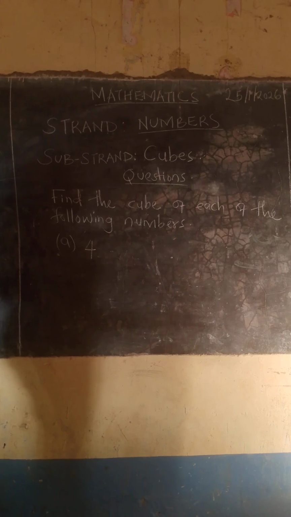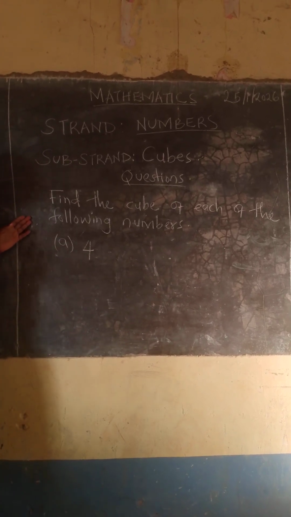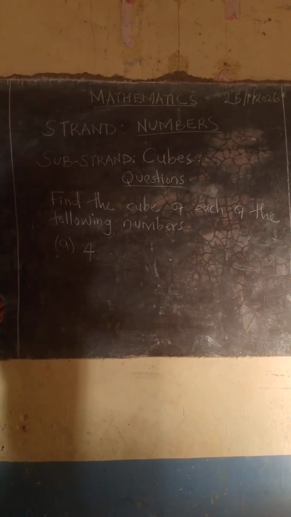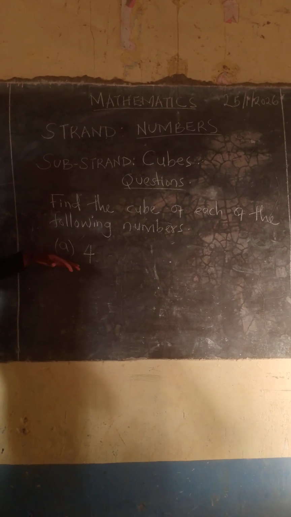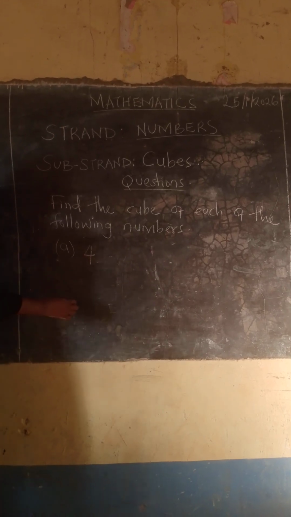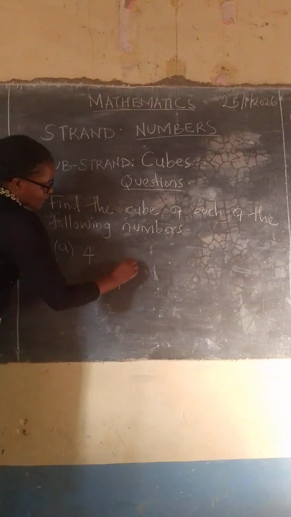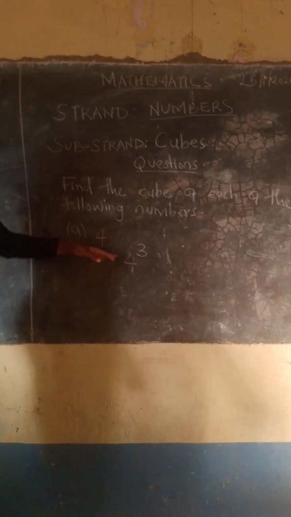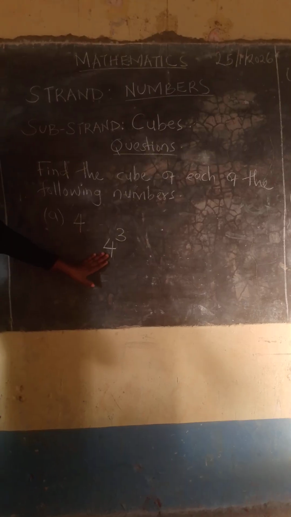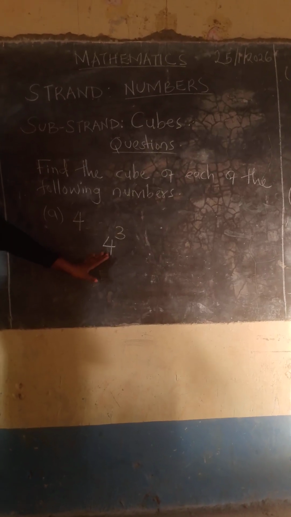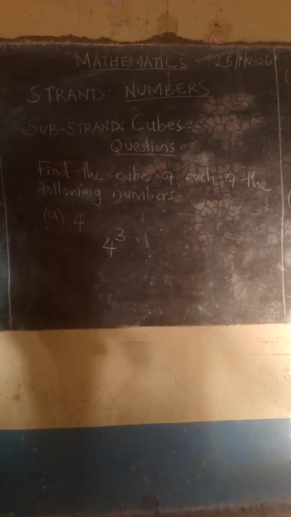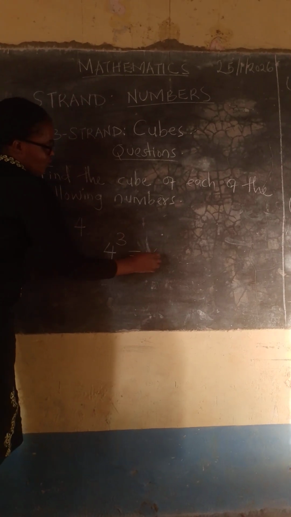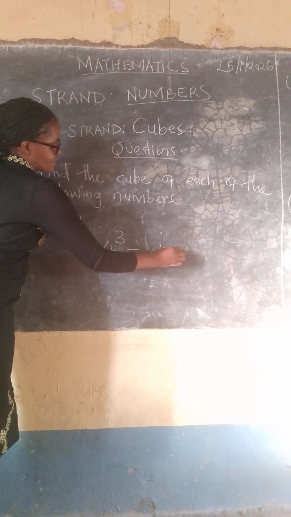3 times. And therefore, we have a question with us which says find the cube of each of the following numbers. We have 4. Cube of 4 is the same as 4 cubed. This means that we are going to multiply 4 by itself 3 times. But some students go ahead and make a mistake and they say that 4 cubed is 4 times 3.